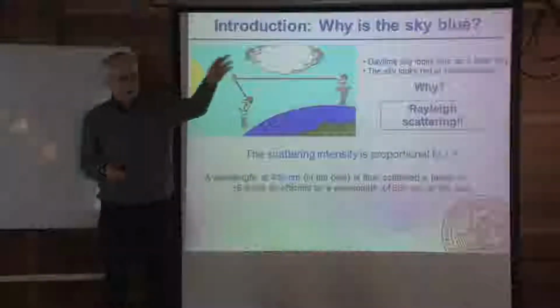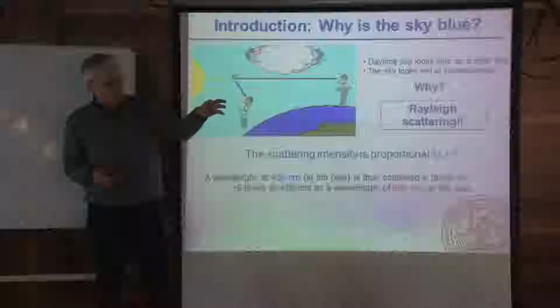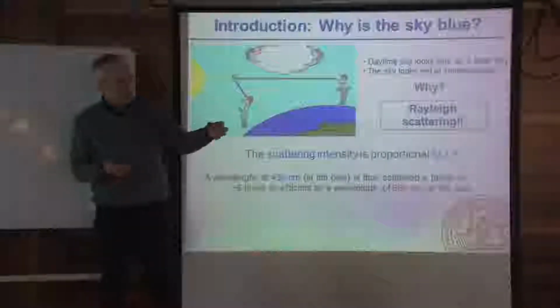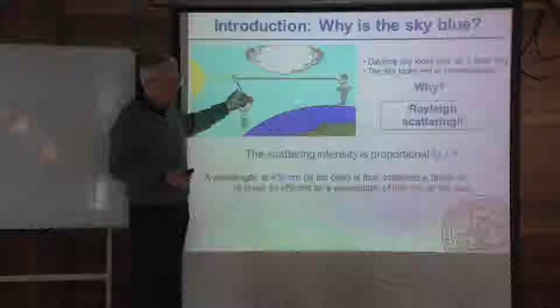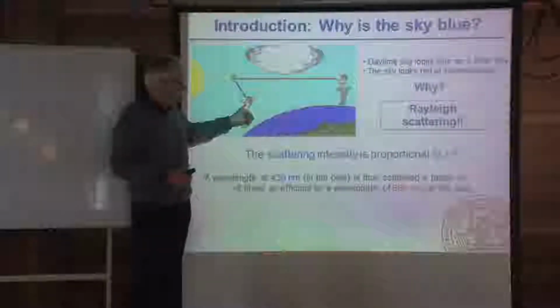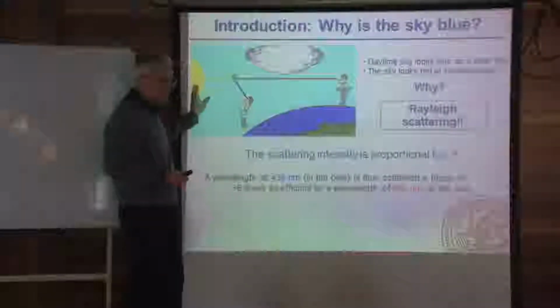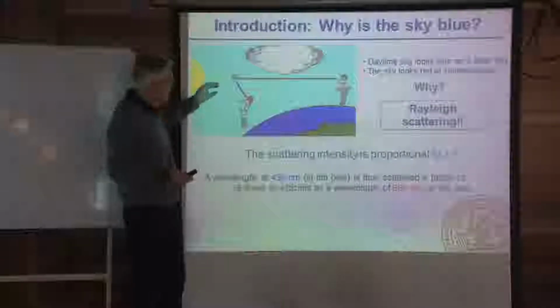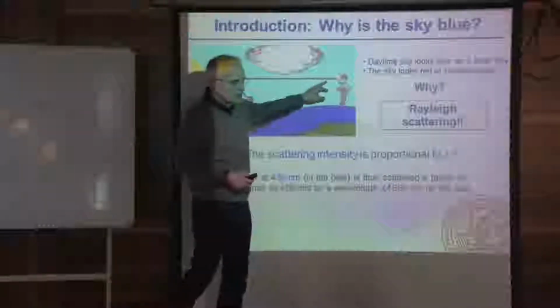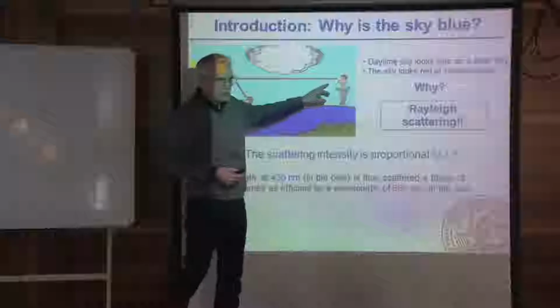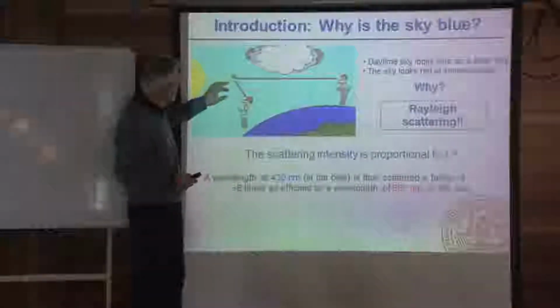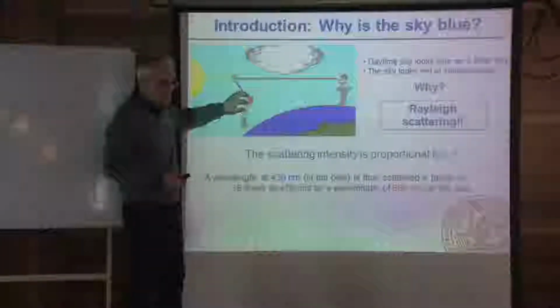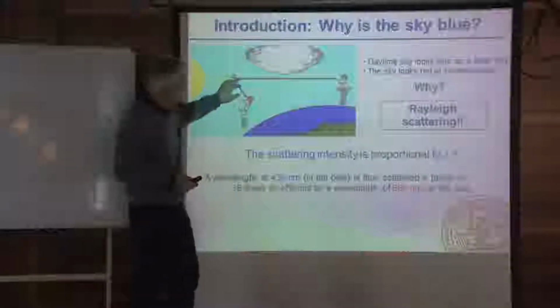That means that if you look at the sky, the sun is shining on the molecules, and you see preferably the blue light. In the same way, when the sun goes down, or in the morning, and you look into the sun, it looks red, for the simple reason that most of the light is scattered, and the remaining is red.